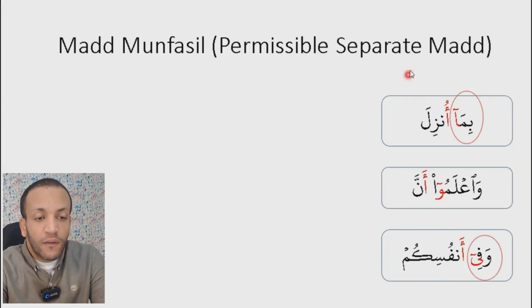It's called separate مد because it happens in two words, and when you pause here after the first word, the pause will separate one letter from the next letter, the following letter. So that's why it's called Madd Munfasil, separate Madd.